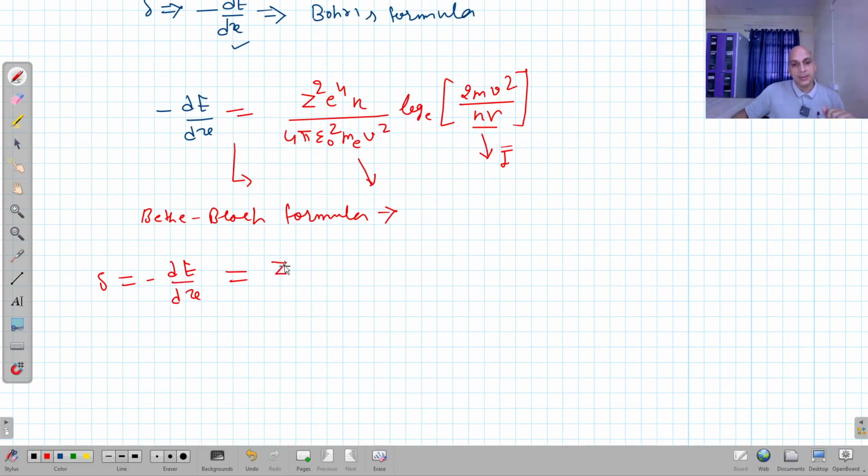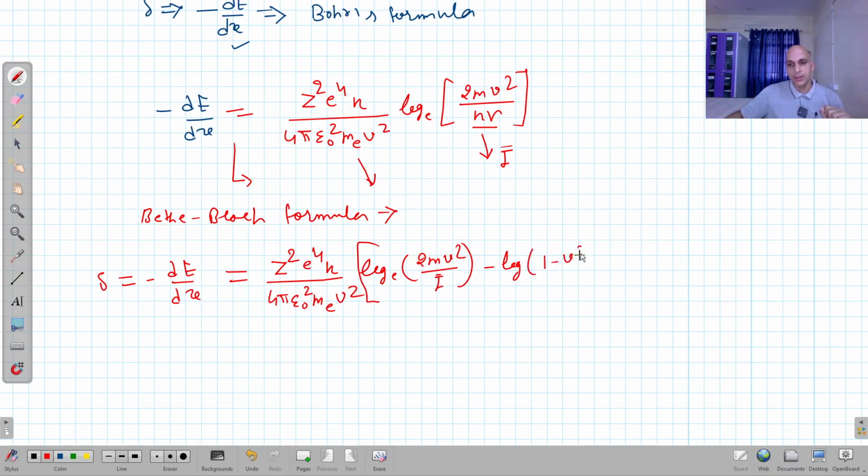It is equal to z square e power 4 divided by, into small n, 4 pi epsilon naught square m e b square, into log of natural log e, this whole term in brackets, into 2m b square upon I bar, minus log of 1 minus b square upon c square, minus b square upon c square.